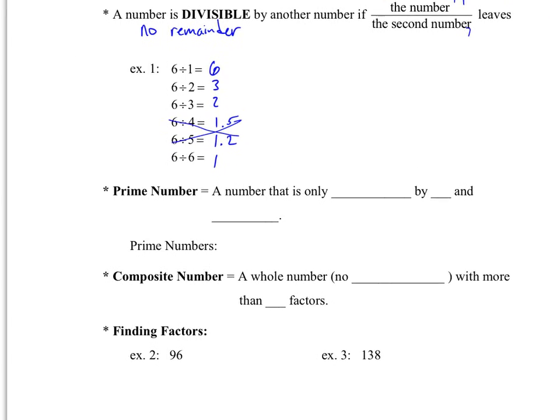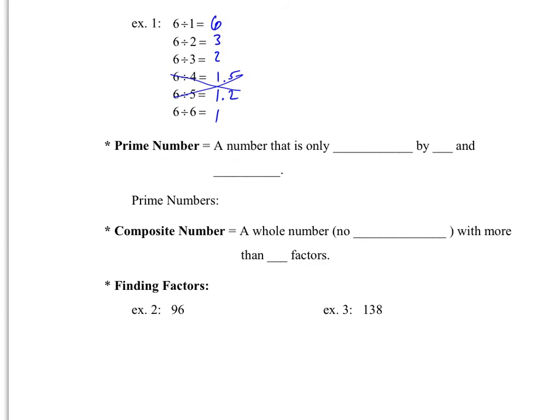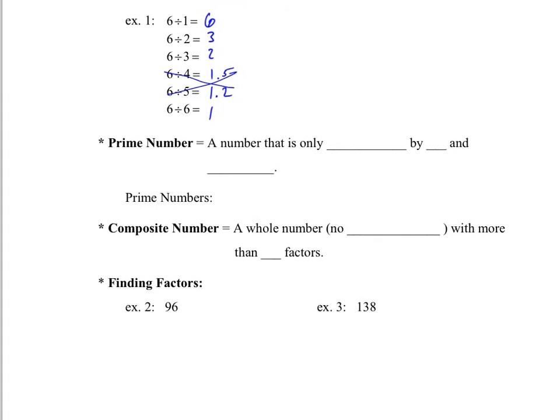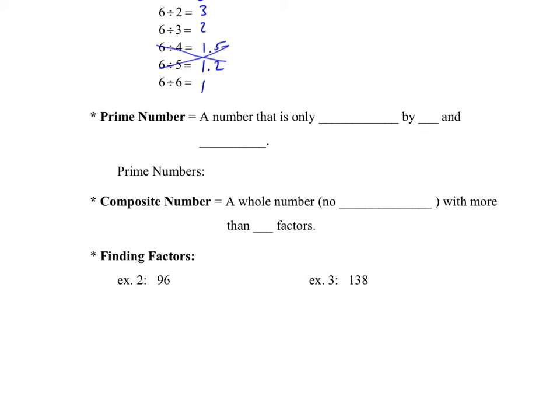So no remainders when we divide, which makes life a little easier. A prime number is a number that is only divisible by 1, the number 1, and itself. In other words, when you divide, it comes out to a whole number, no remainders.